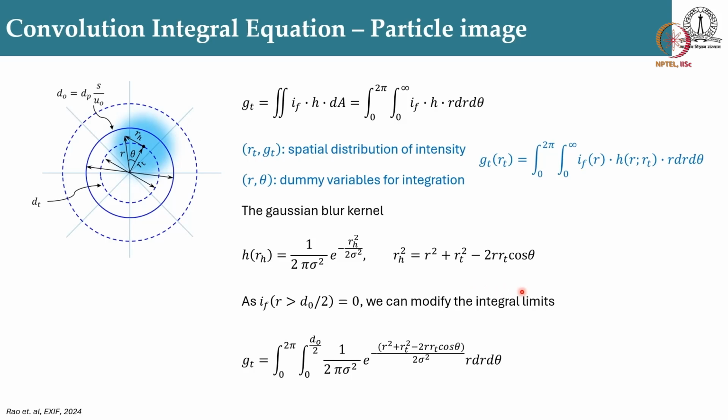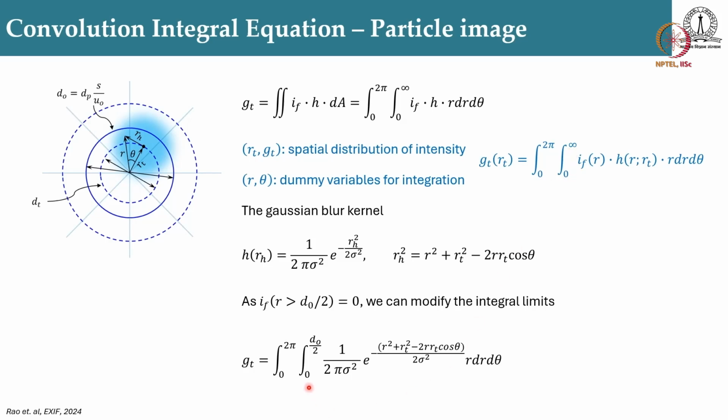You can try that. And one more thing we have is the functional form of this I_f. We know that when r is greater than the radius of the particle, this function goes to 0. So this modifies the limit of the integral. Now we don't need to solve the integral beyond d_0 by 2. So we don't need to solve it from 0 to infinity.